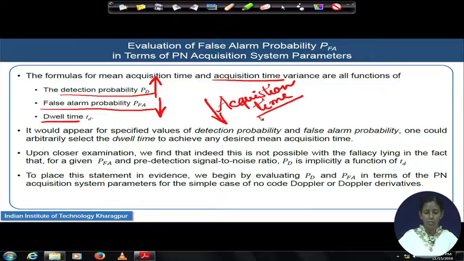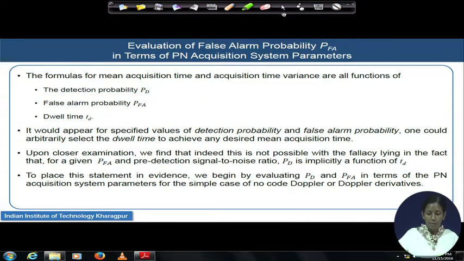Today our task is to develop the expressions for the detection probability as well as the false alarm probability. We will first derive the false alarm probability expression, to see how this relation comes into the picture, and finally whether we can comment something on the acquisition time.